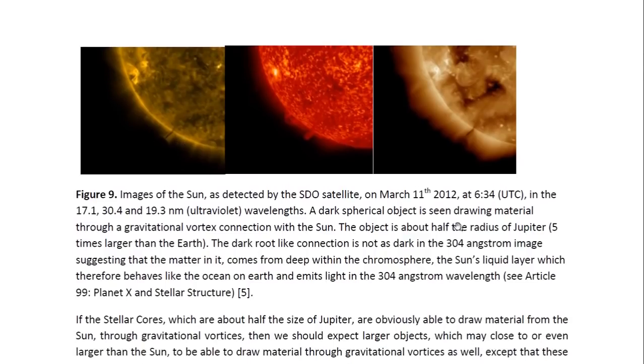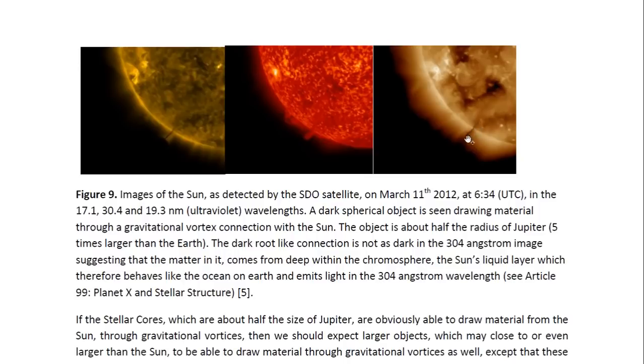And this is an image from 2012 where we can see a stellar core also creating a gravitational vortex with the sun. And in 304 angstroms, you can see that the vortex does not have this dark appearance that we see in the 171 angstrom image, this one here, and the 193 angstrom image.